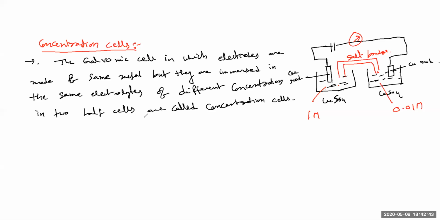Okay, the difference in the concentrations of electrolytes in two half cells creates the electrode potential difference across two electrodes. The electrode which is placed in electrolyte of large concentration acts as cathode. So this is the cathode.